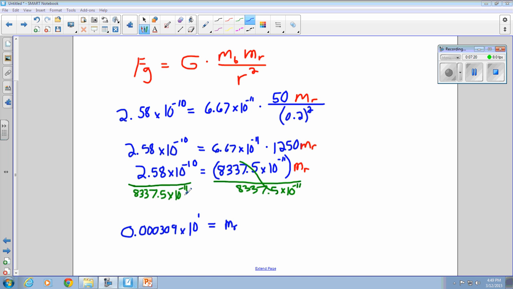The powers of 10, the 10 on the bottom comes up and becomes 10 to the negative 10 to the positive 11th, which leaves you with a 10 to the first power. And if we put this in correct form, we'd have 3.09 times 10 to the negative third kilograms for the mass of the rock, or 3.09 grams.